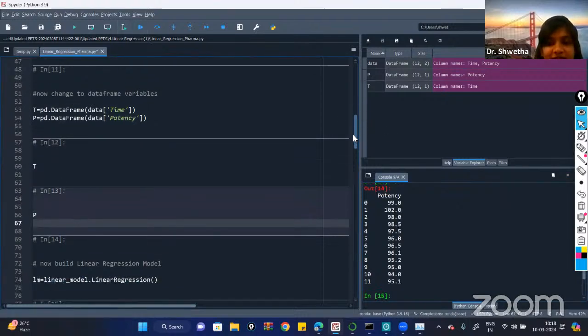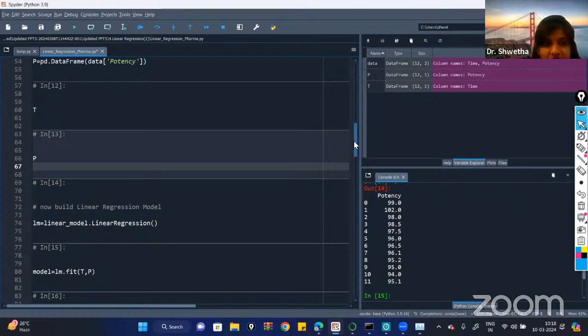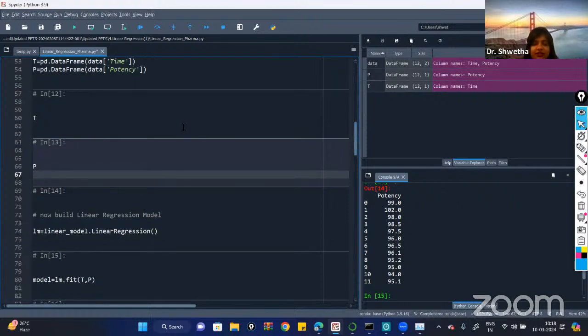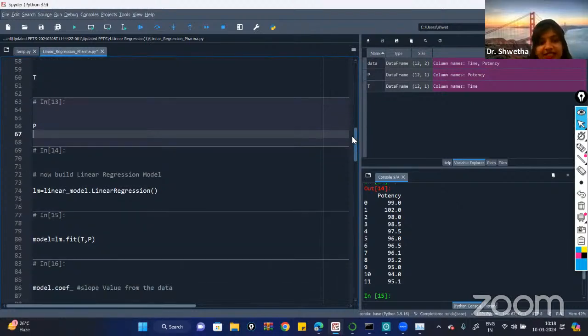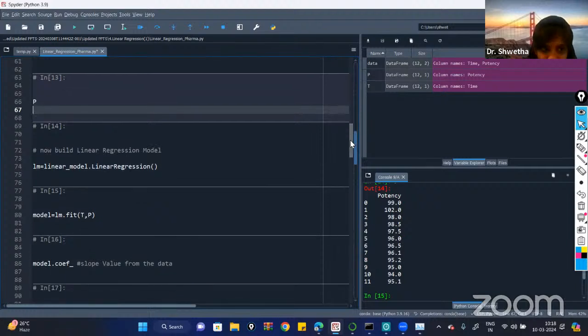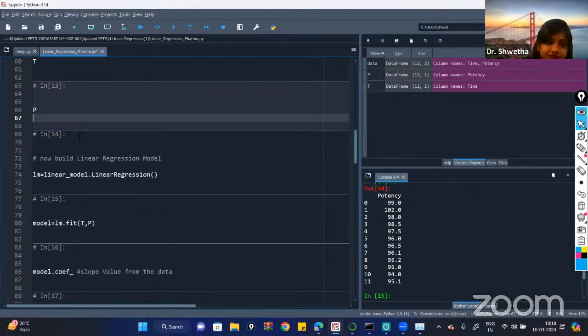Why are we dividing them into different data frames? So that we can pass these into the model. As we are trying to build a linear regression model, we will first initiate it. linear_model.LinearRegression. From where did we get this linear_model?